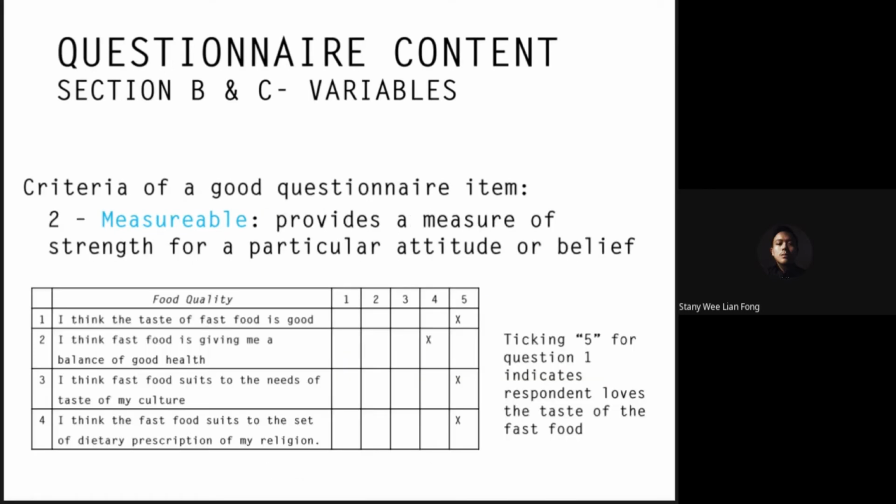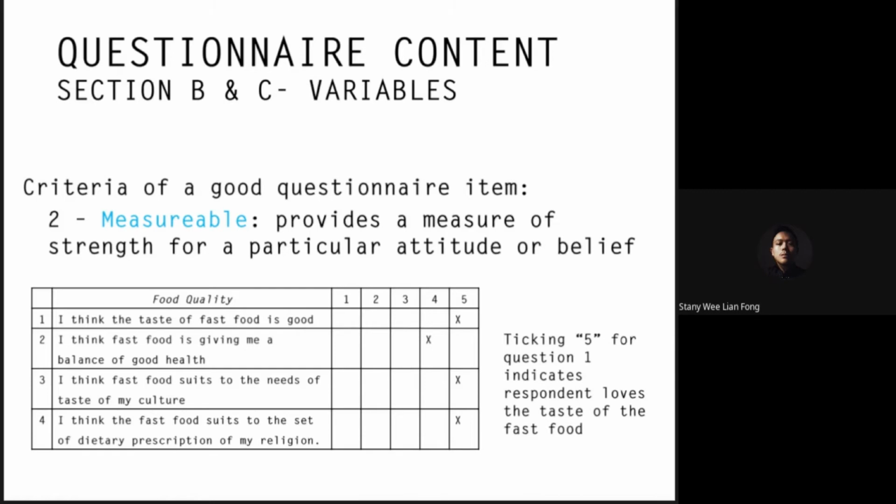Okay, the second criterion, please make sure that the questionnaire items are also measurable. What it means by measurable is that the sentence is able to measure the strength of a particular variable. Example over here, let's say the variable is called food quality.